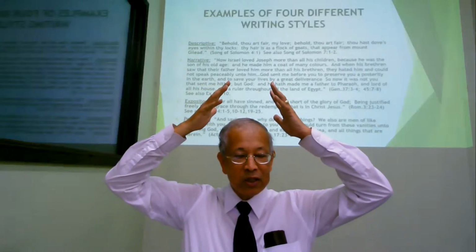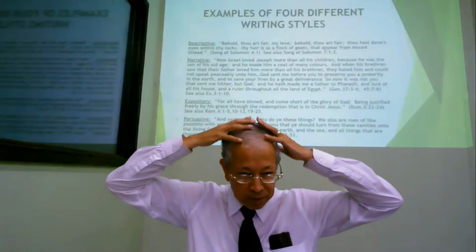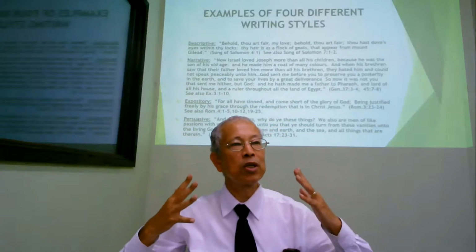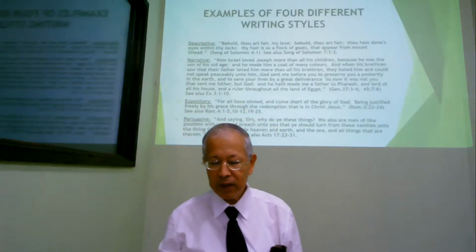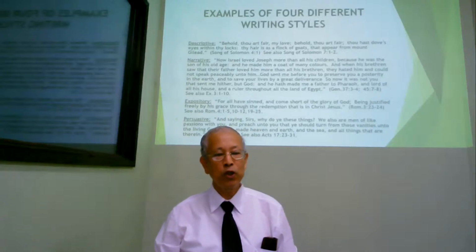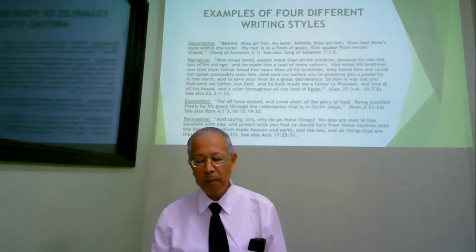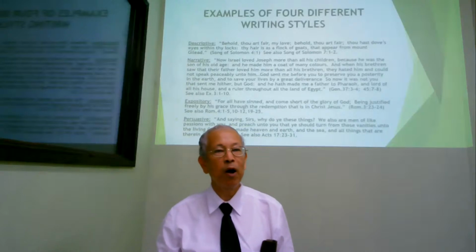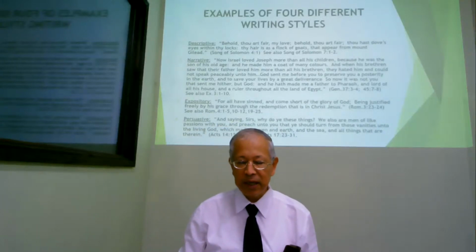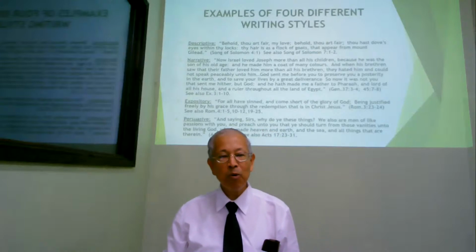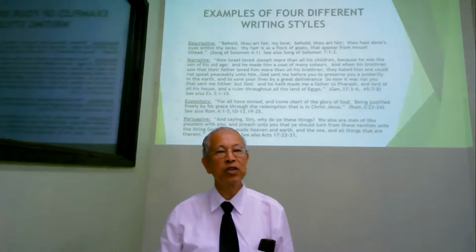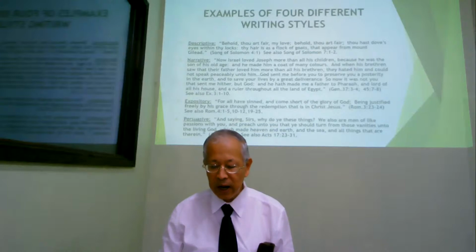Your hair is as a flock of goats coming down the mountain of Gilead. And so that is what you call descriptive writing, in which there are metaphors, implied comparisons, and similes, that is, a comparison introduced by the words as or like.